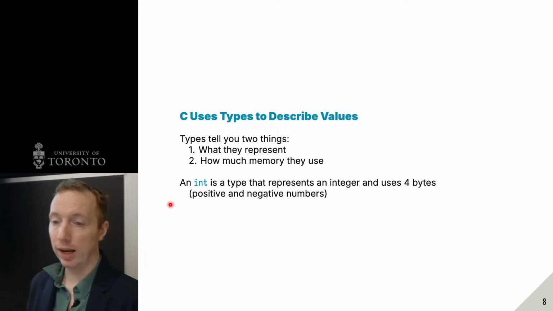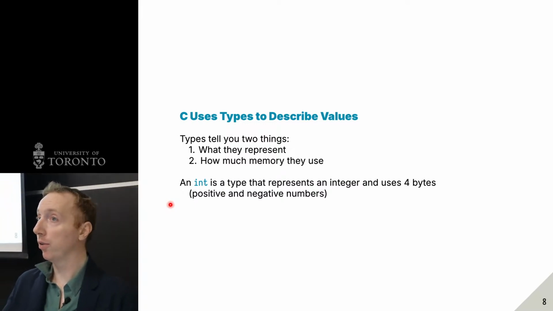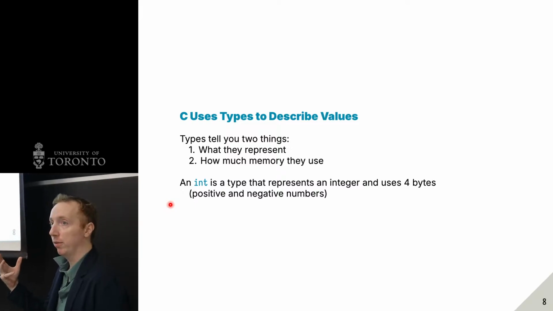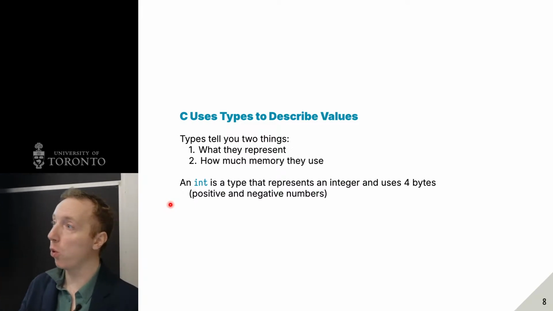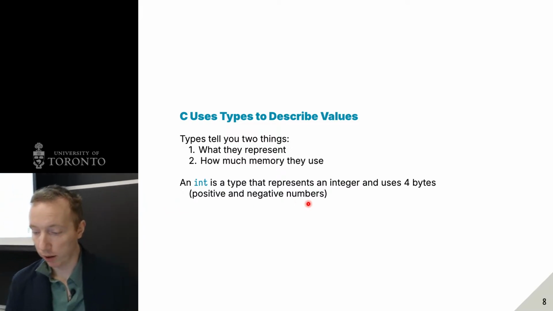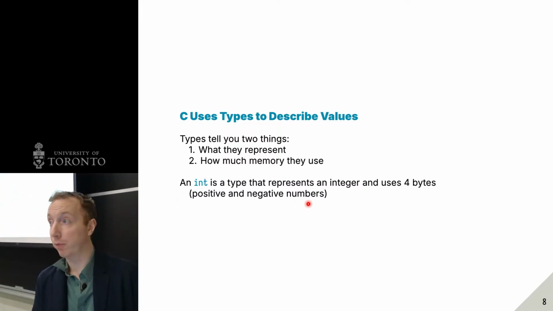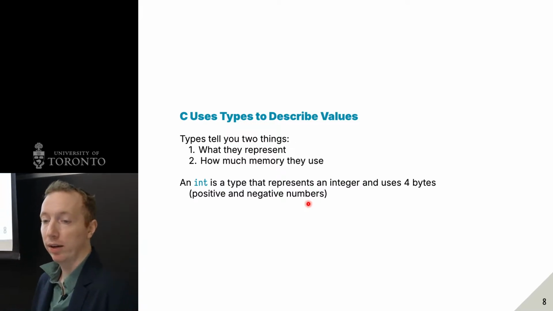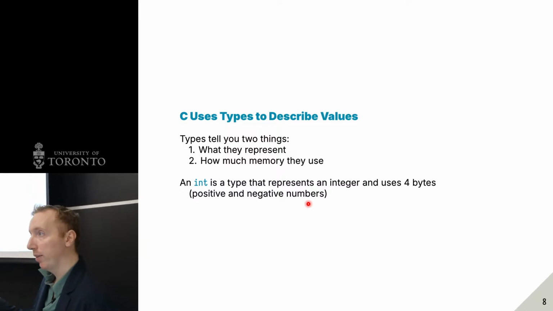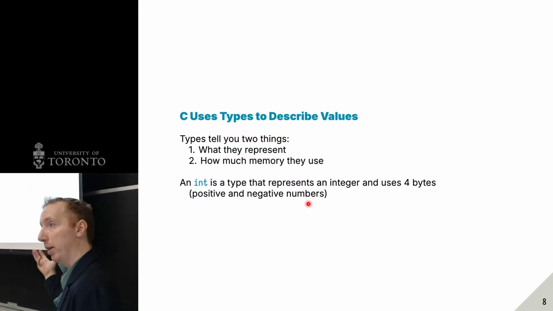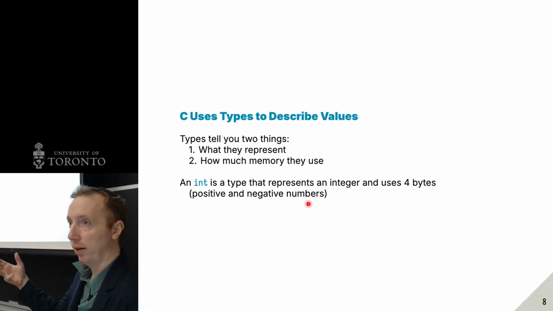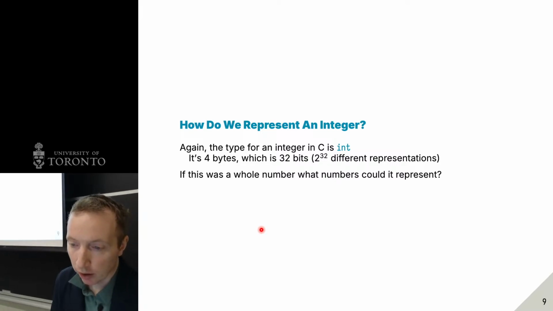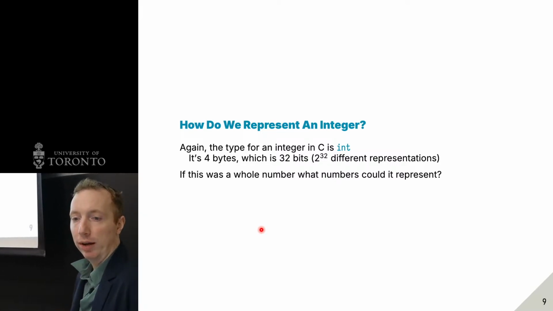The first type that we've already seen in the first lecture is something called an int. That is a type that represents an integer, so both positive and negative numbers. And in C, this is just something you have to remember, it occupies 4 bytes in total. If it occupies 4 bytes in total, we should be able to figure out how many bits that actually needs. There are 8 bits in a byte, so 4 times 8 means it is 32 bits, but they both mean the exact same thing. So how do we actually represent an integer?